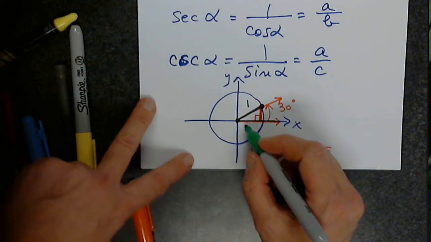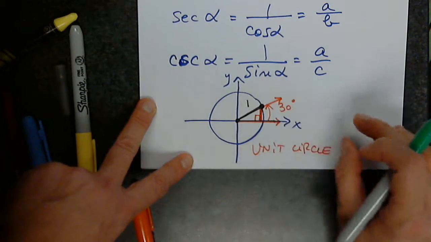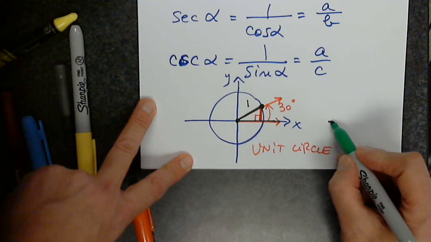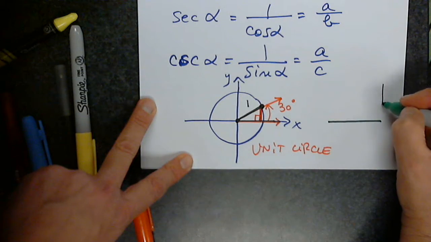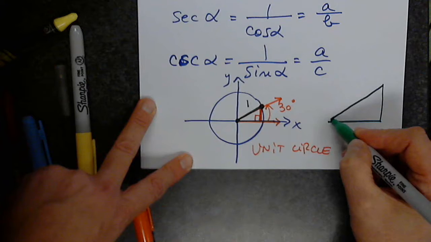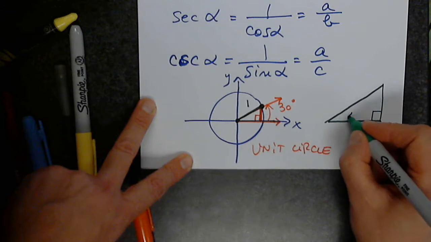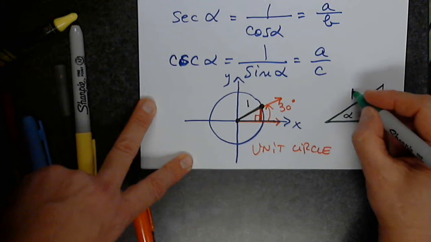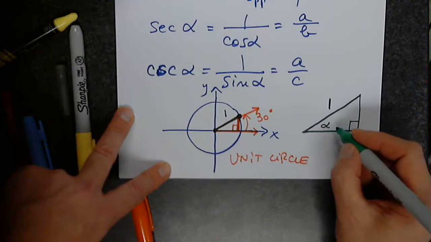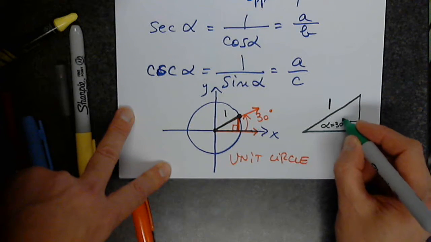I'm going to enlarge this triangle. I'm going to remove it from here. It's still there, but I just want to enlarge it. So this is angle alpha. I know that this is 1, and I know that this is 30 degrees.